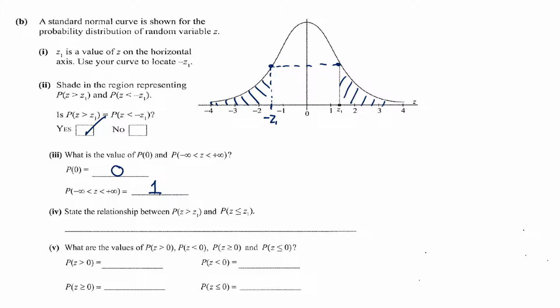What is the relationship between the probability that Z is greater than Z1 and Z is less than or equal to Z1? Okay, so what we have is the probability that Z is greater than Z1. So this piece up here, so Z is greater than Z1, is equal to 1 minus the probability that Z is less than or equal to Z1.